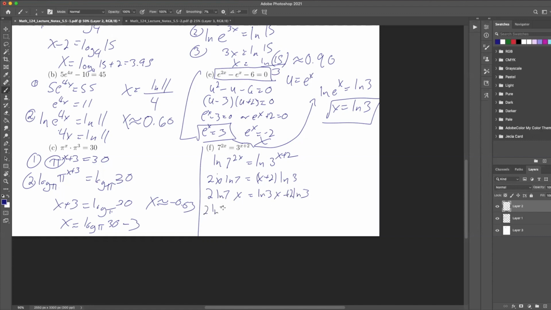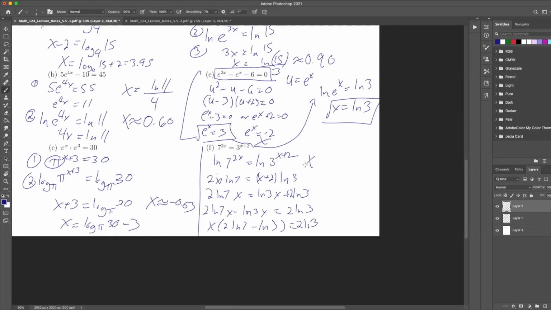So I'm going to have 2 ln 7 times x minus ln 3 times x is equal to 2 ln 3. Here I can factor out an x, so I have x times 2 ln 7 minus ln 3 equals 2 ln 3.